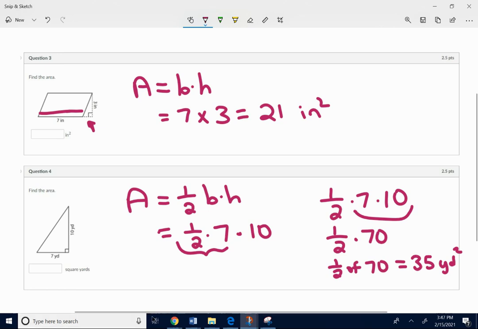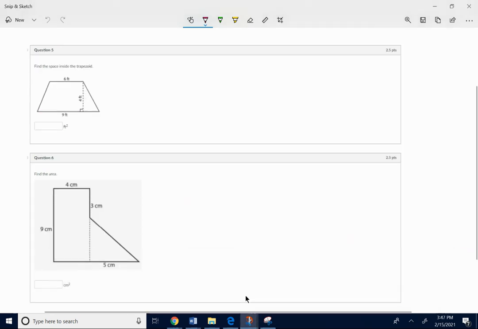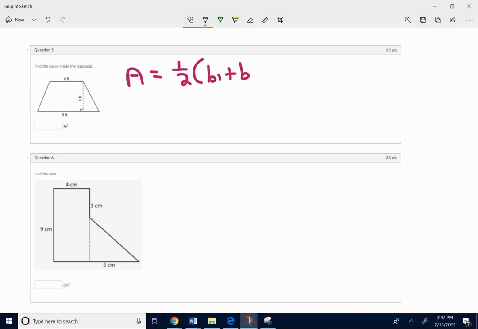Okay, next problem is a trapezoid. The formula for a trapezoid is 1/2 times the sum of the bases times the height. So what I would do, I would just first put the numbers in. The bases are the 2 parallel sides.